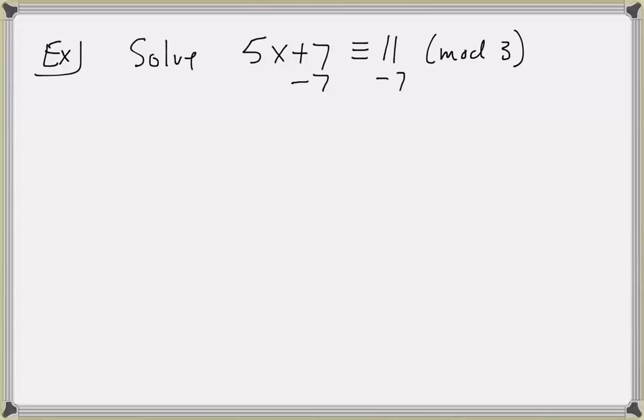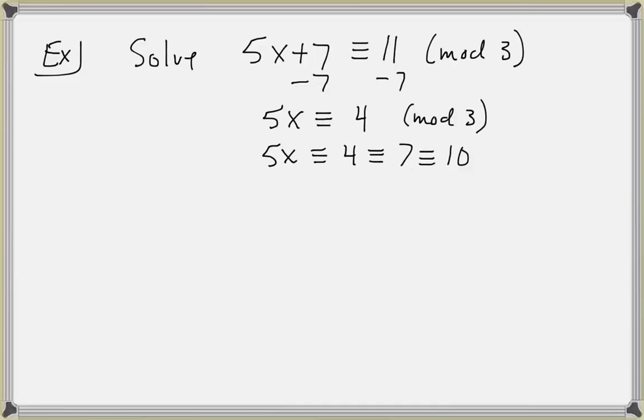So I get that 5x is congruent to 4 mod 3. And again, we can't divide by 5 yet, but I can add multiples of 3 to the right-hand side. So I see that 5x is congruent to 4, which is congruent to 7, which is congruent to 10 mod 3.